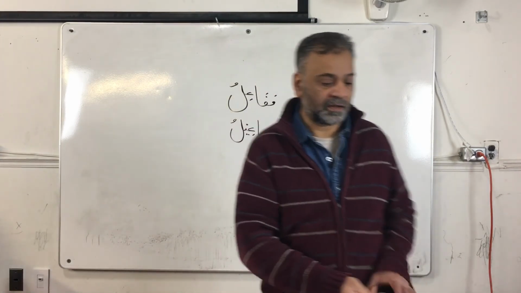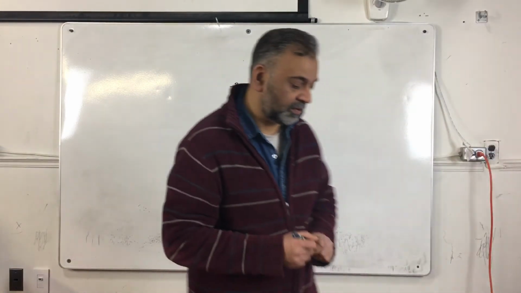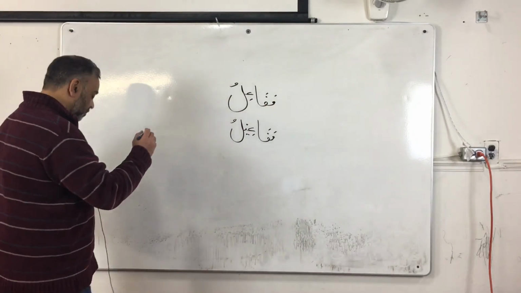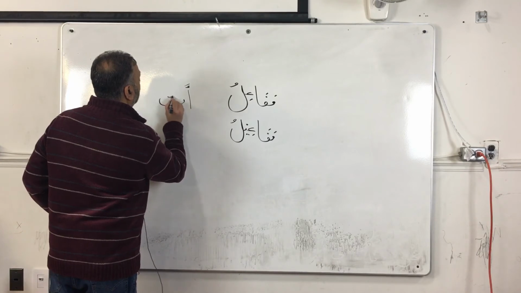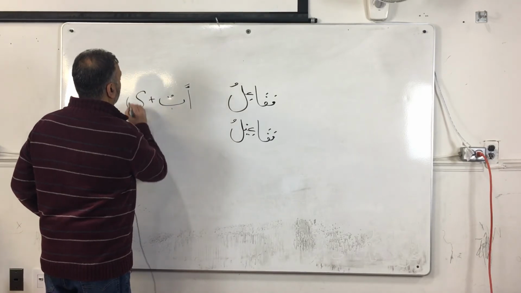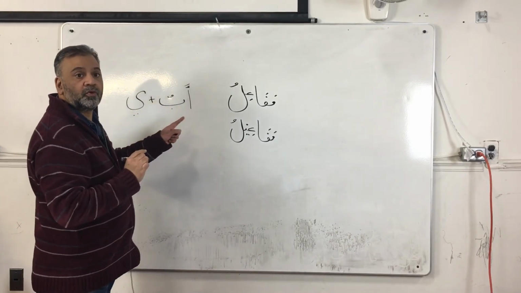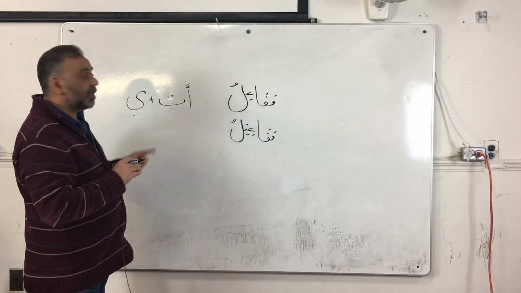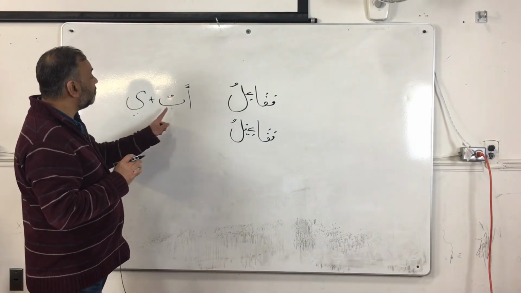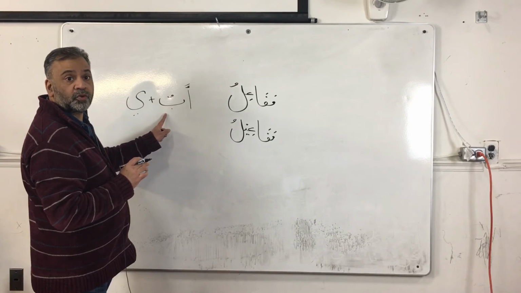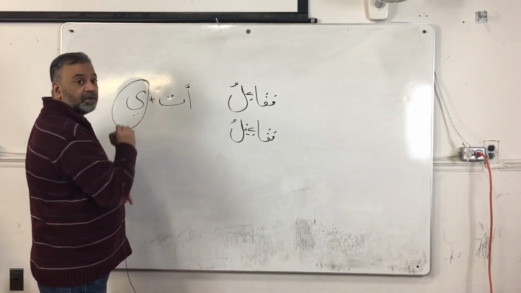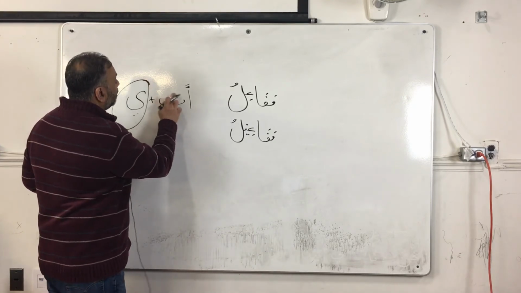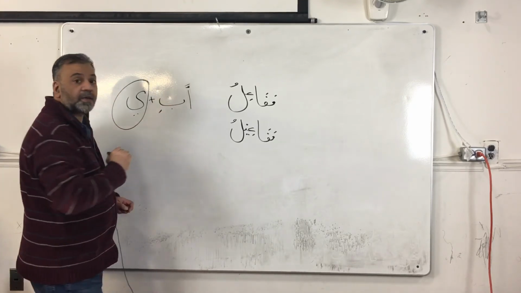Should I write it? Abu plus ya mutakallim. So when ya mutakallim joins with Abu, it's only compatible with kasra. So Abu will become Abi.